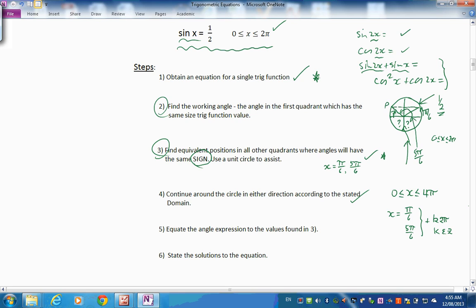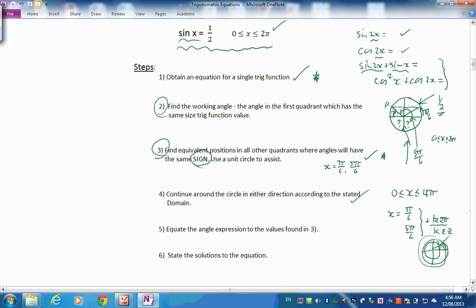Okay, so it could be positive or negative. If we went around the circle here, that's pi on 6, that's one we want. Let's say we went around negative 2 pi, right around there, we'd be back to that point. Or positive 2 pi, we'd be back to that point. So we have a whole family.